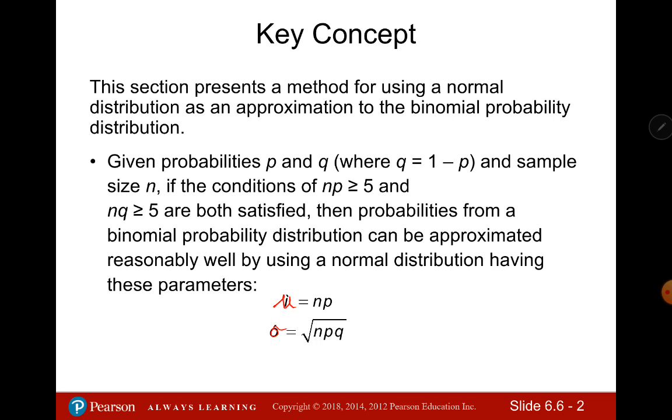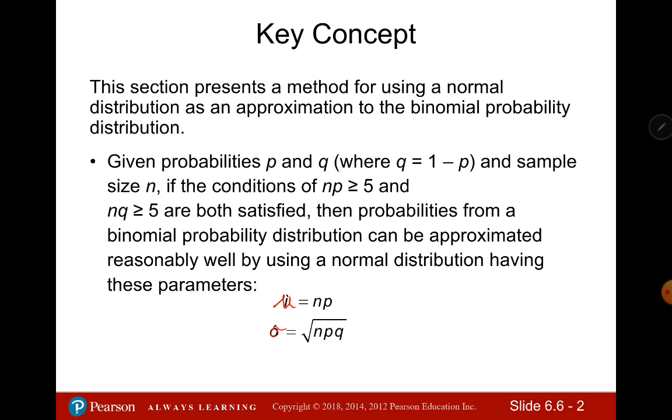But the binomial distribution is a discrete distribution. In this chapter, we're going to use a continuous distribution, a normal distribution, to approximate the discrete binomial distribution. Why should we do this?